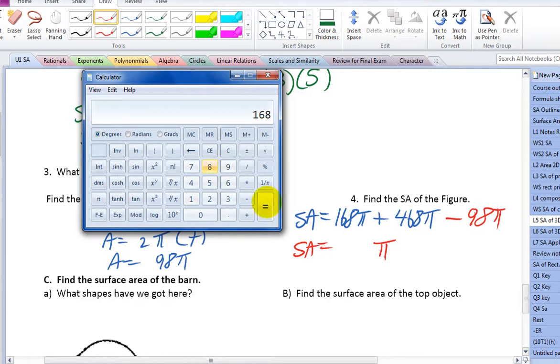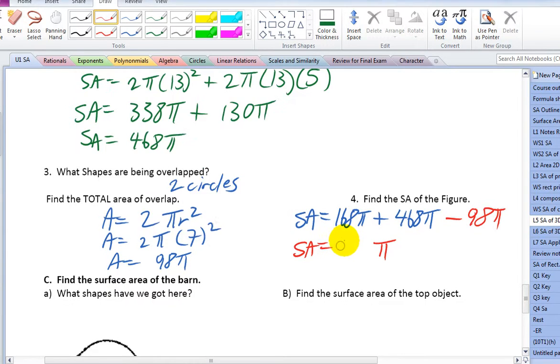So 168 plus 468 minus 98 equals 538 pi. Okay, so we're just going to leave it like that as a multiplication statement. Exact answer. How's that? Okay, not crazy stuff.